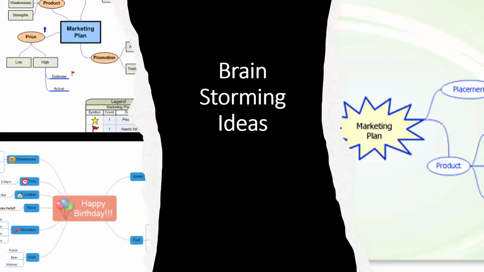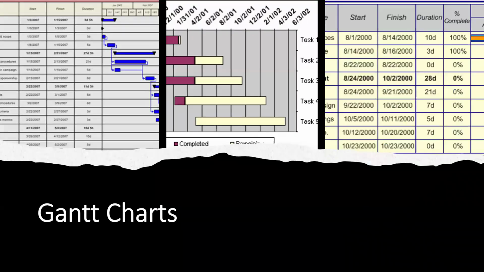You can do brainstorming ideas. So when you want to creatively find a solution to problems. Gantt charts, believe it or not. I'm not sure if some of you guys were in my webinar last month. I did a webinar on Excel versus Project, and I showed you around Project.